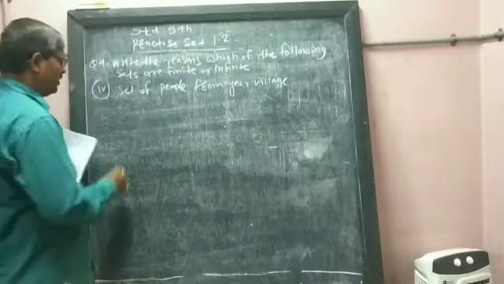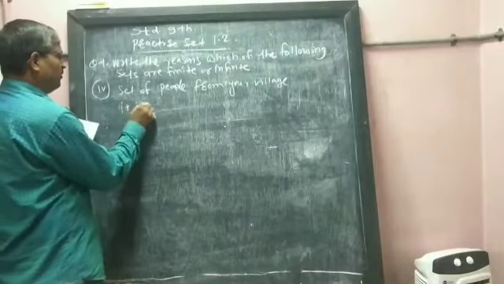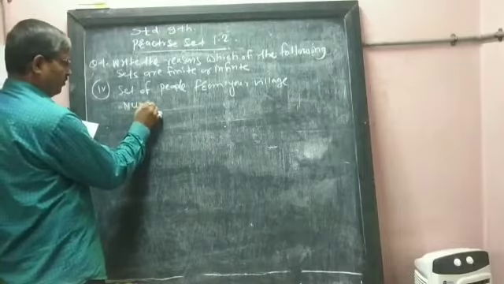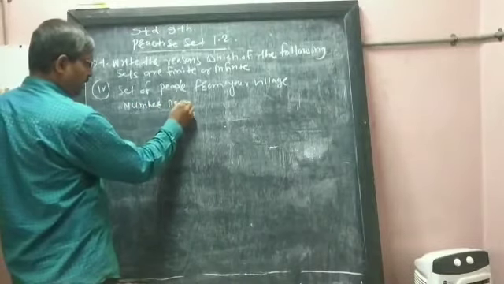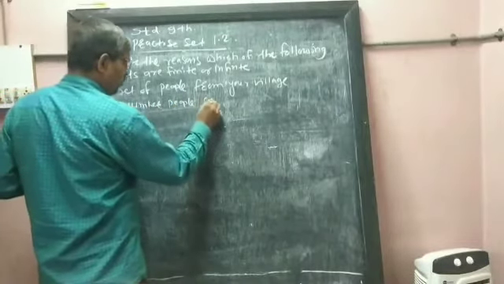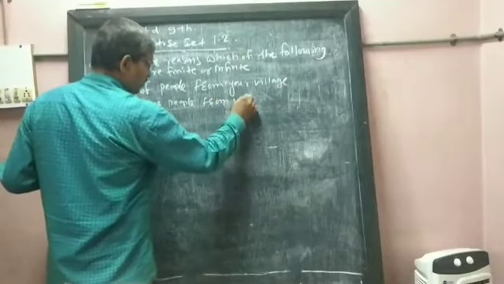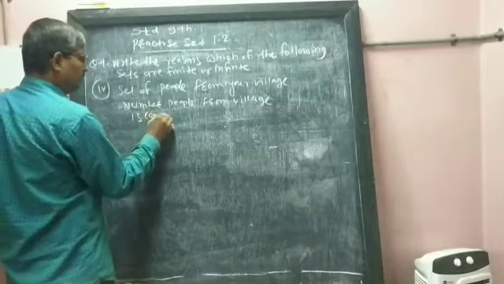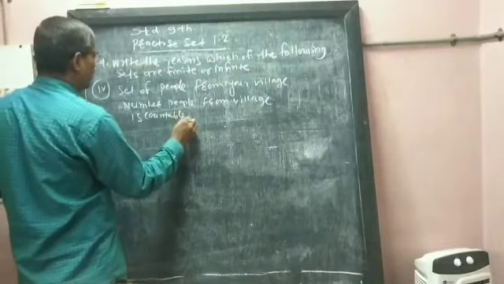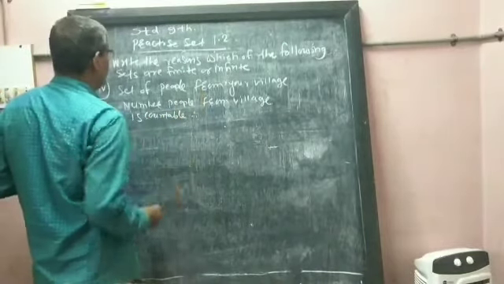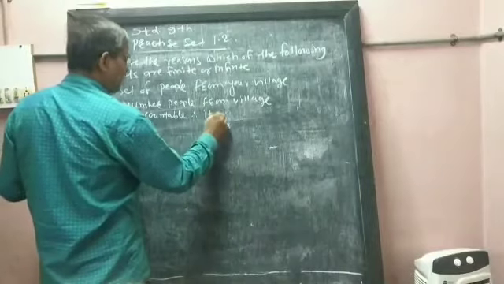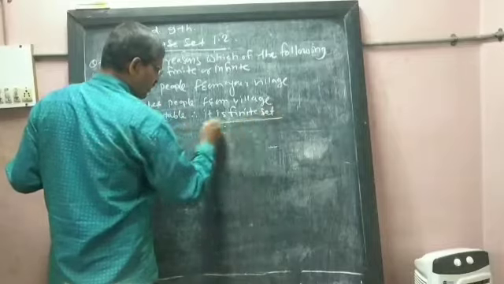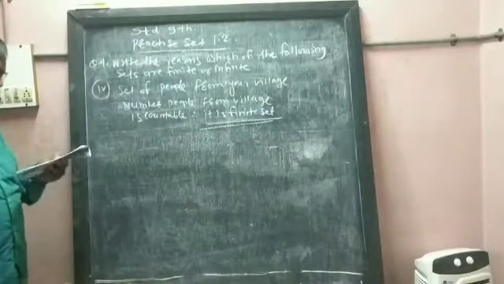Can you count or not? Yes, it is countable. The number of people from the village is countable. Therefore, it is a finite set.